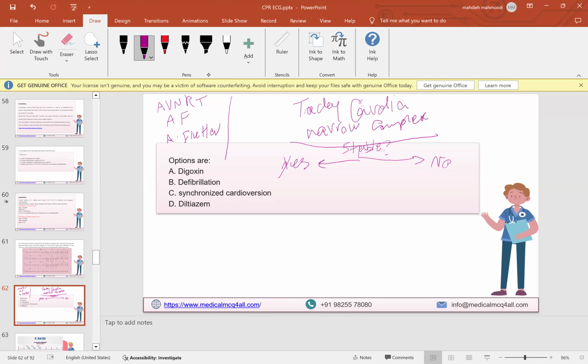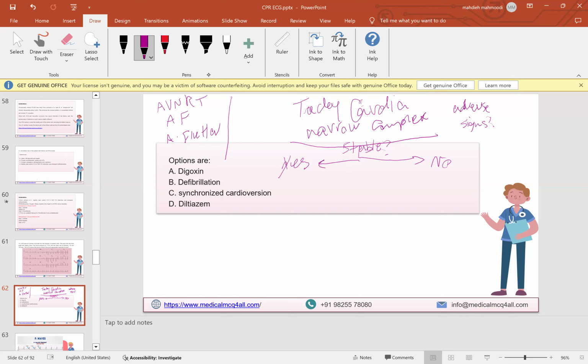This completely separates your way of management, whether your patient is stable or unstable. What do I mean by stable or unstable? We're talking about people with a pulse. People without a pulse, you go directly to CPR.